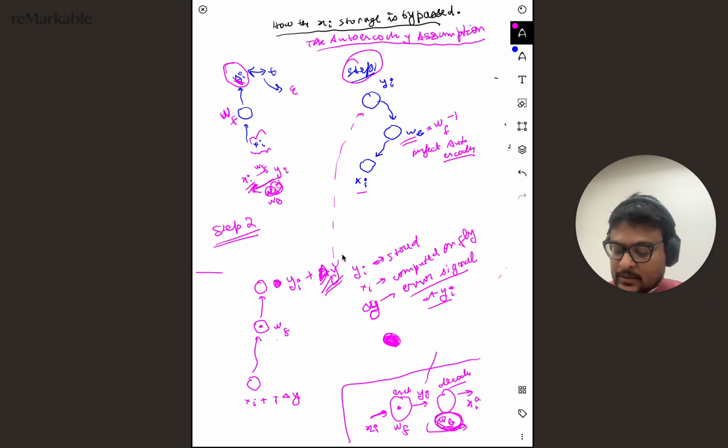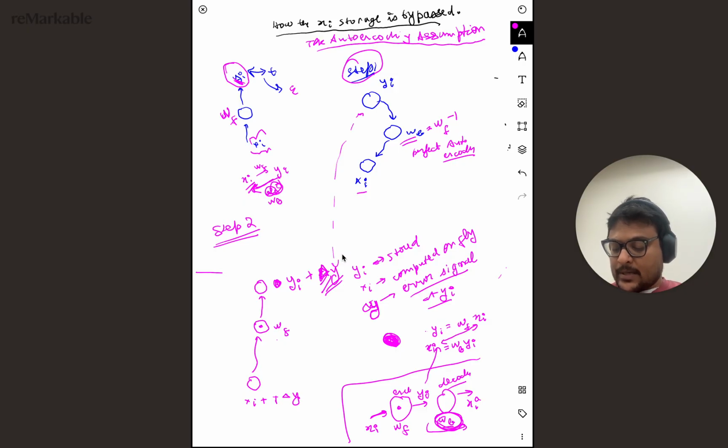So it turns out the key expression for the weights of this backward network is this. Basically, you know that yi is the forward weights wf multiplied by xi, and then you multiply this yi by a network with backward weights wb, and you get back xi, right? So you can substitute xi here.